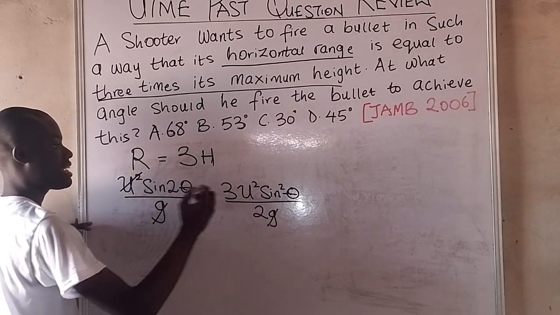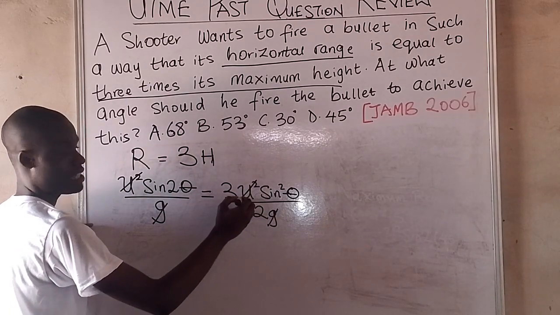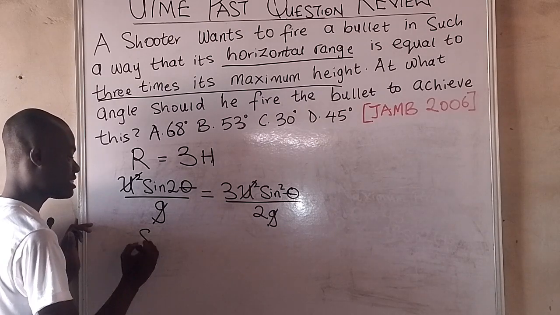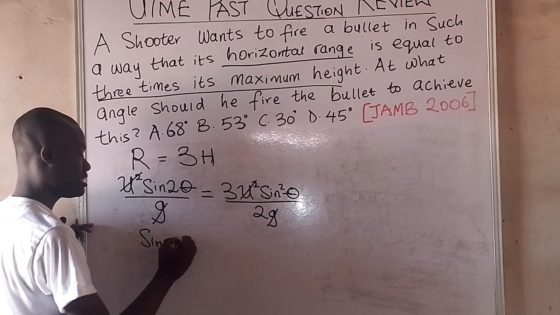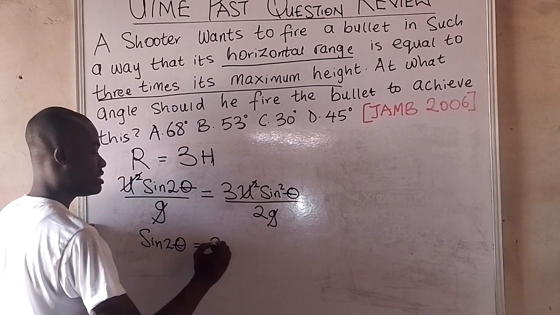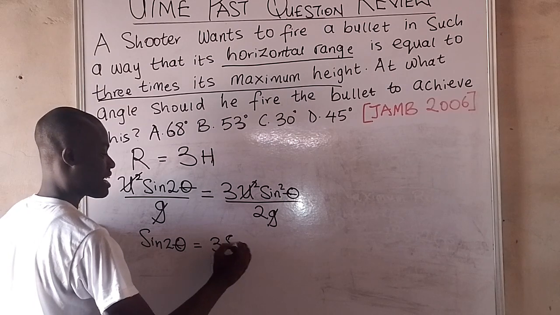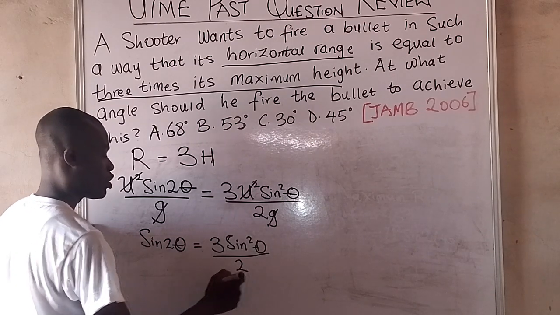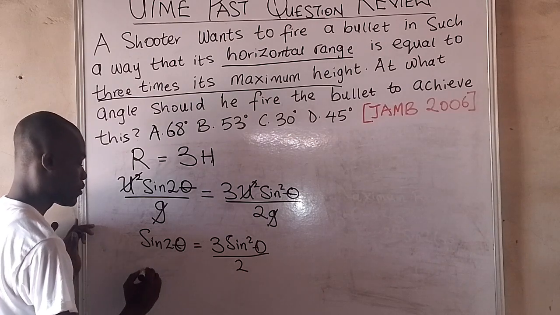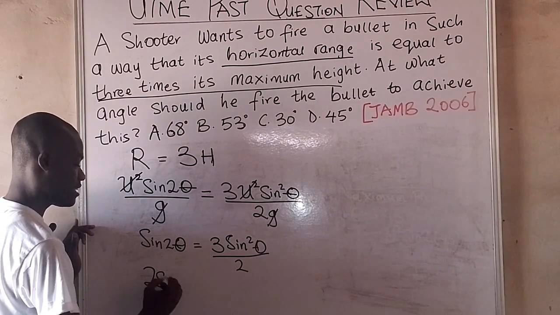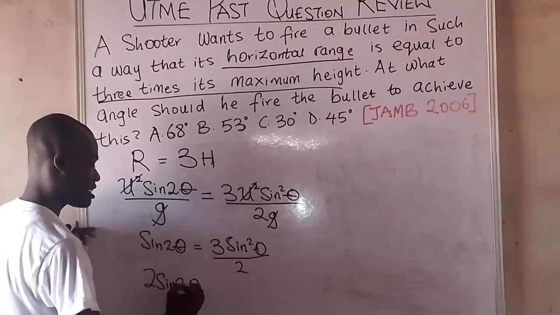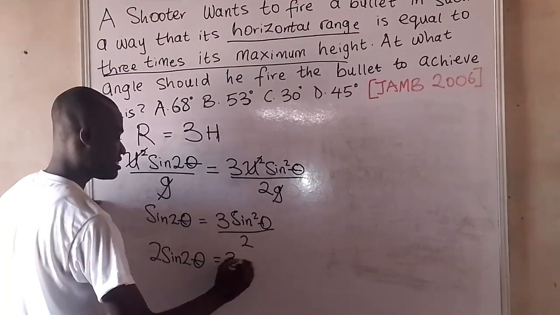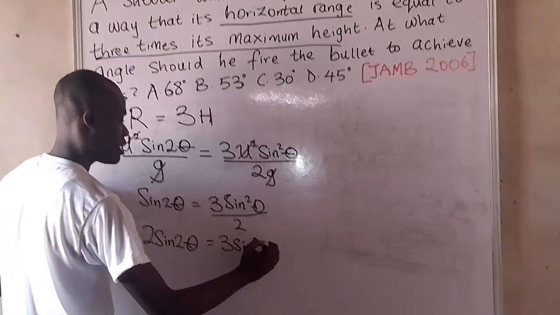Now u square on this side can take off u square on this side. So what do we have? We have sine 2 theta is equal to 3 sine square theta over 2. So when we cross multiply, we have it that 2 sine 2 theta is equal to 3 sine square theta.